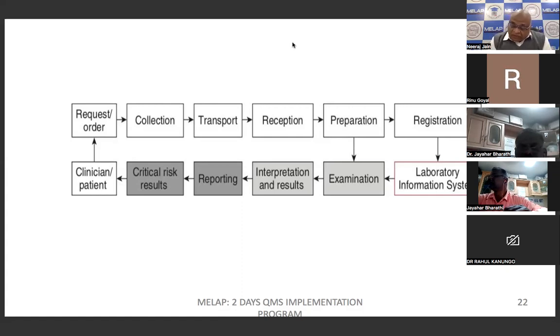Now, to implement this, you are developing a program. What is the program? In the morning, we will provide either tea or coffee, with some snacks. During lunchtime, we will provide some rice, chapati, dal, sabji, raita, something like that.